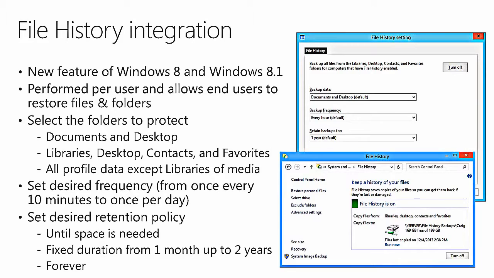This is a complement to the client PC backup, because you can't do a system state restore. You can only recover files and folders, but it does not need administrative support. End users can use File History to recover accidentally deleted or overwritten files on their own. So you can use these together, in multiple layers of data protection in the environment.